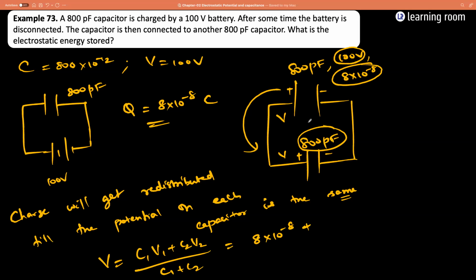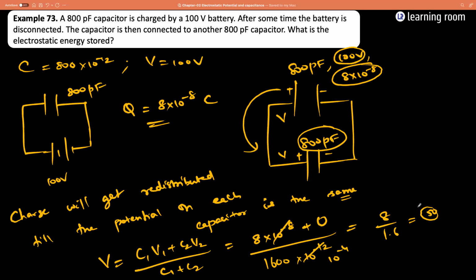Initially, the potential difference across the second 800 picofarad was 0, divided by the value of C1 plus C2, that will be 1600 into 10 power minus 12. Is there anyone having doubt in this? So 8 divided by 1.6, which is obviously going to be 50.